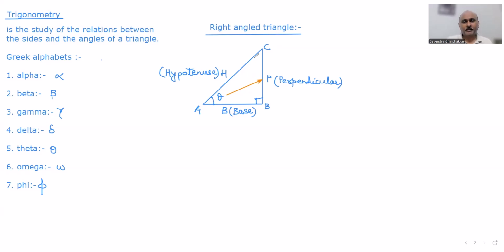If this angle is phi, which side will be the perpendicular for this phi? Side AB. Very good. Side AB will be the perpendicular. Shabash beta.